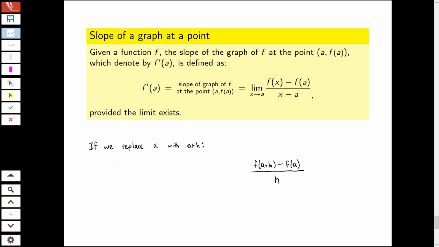And then if x is equal to a plus h, then to say that x is approaching a, h would have to be approaching 0.